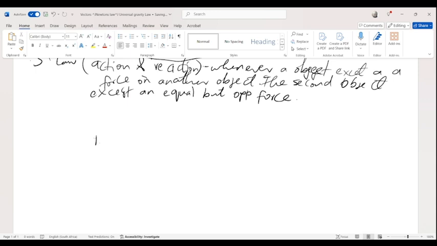Okay, let's say we have a box and there's a person who's pulling the box with a force of 5 newtons, and at the same time there's a toddler trying to pull the box backwards with a force of 1 newton.